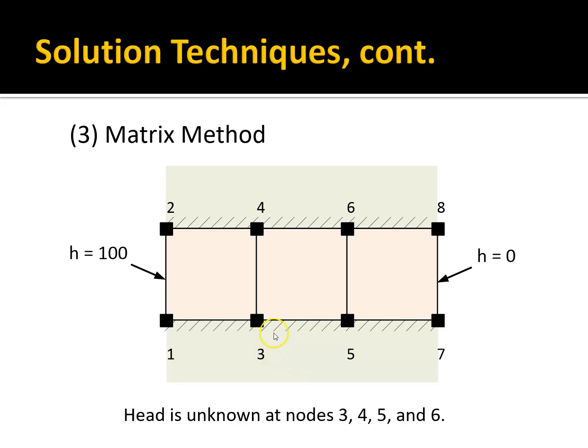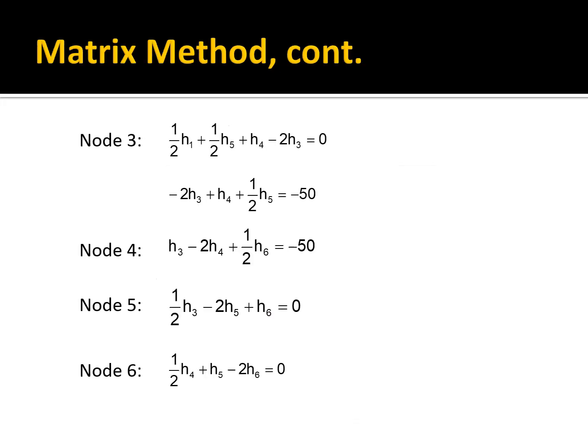In each of these cases, we use our equation we derived for a node on a no-flow boundary with 2 pervious quadrants next to it. And so in this case, the head at node 3 would be 1/2 of the head at node 1, 1/2 of the head at node 5, all of the head at node 4 divided by 2. And a similar equation for each of these other cells. So we're going to have 4 equations here.